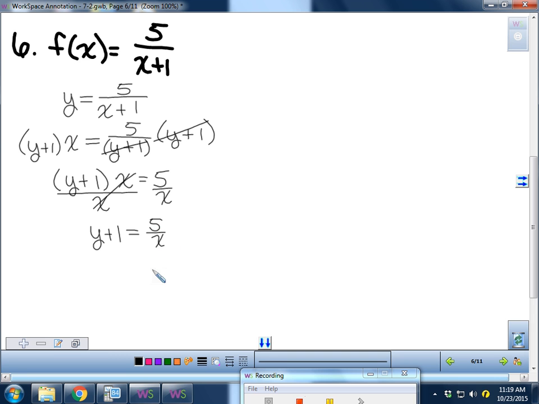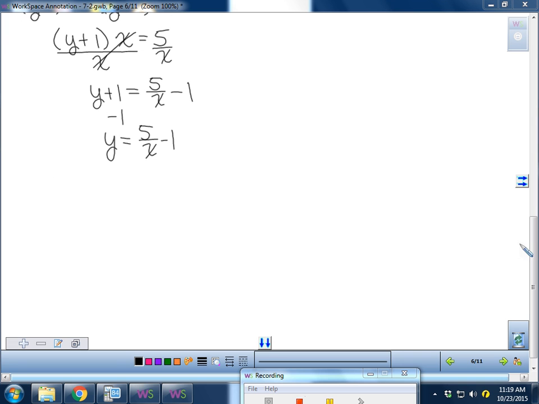And then the very last thing I have to do is get rid of this 1. I'm adding 1, so I would need to subtract 1. So I get y equals 5 over x minus 1. Now that y is completely isolated, I will replace it with inverse function notation.